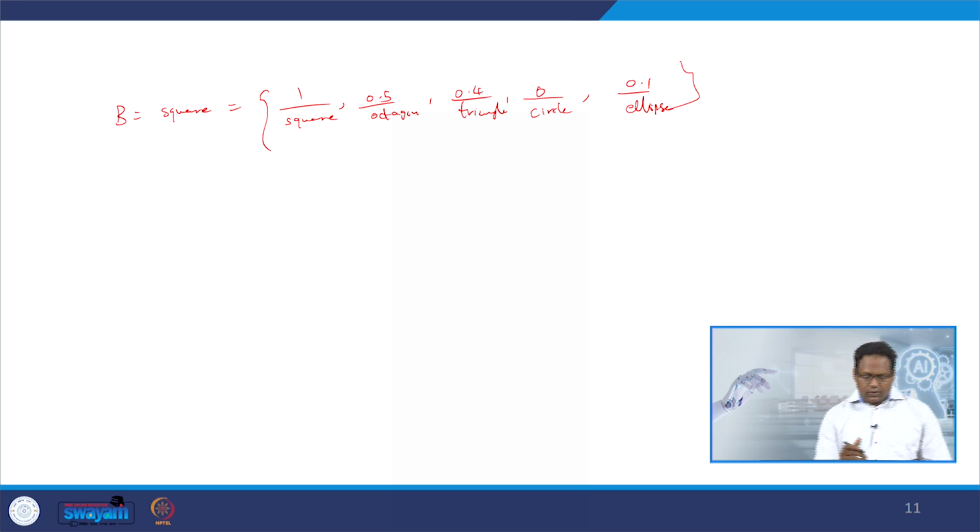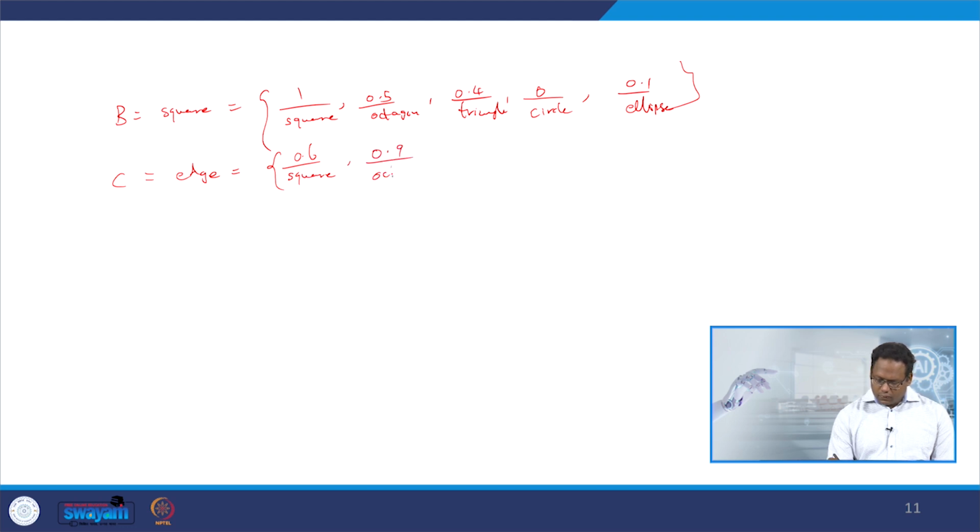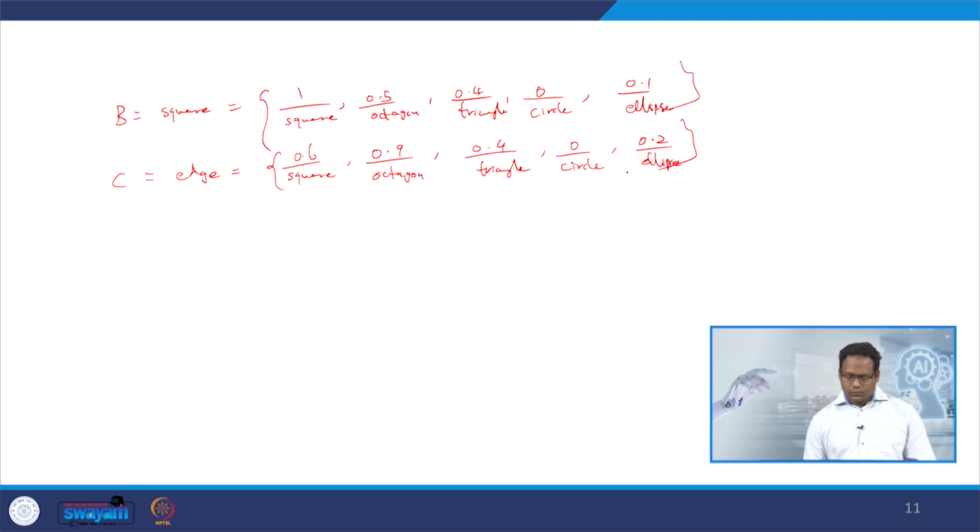Now, let us see the third set as C equal to edge, which is given by 0.6 upon square and 0.9 upon octagon and 0.4 upon triangle and 0 upon circle and 0.2 upon ellipse. Okay. So, these are the three fuzzy sets we have defined now.